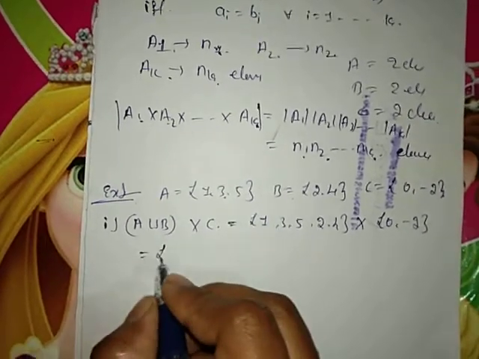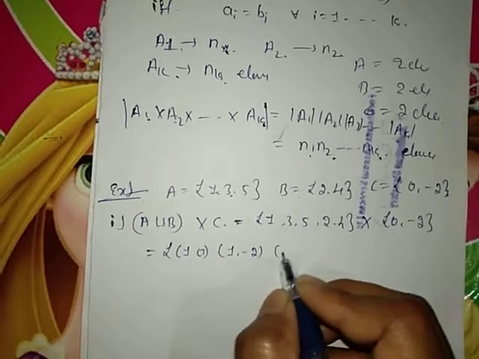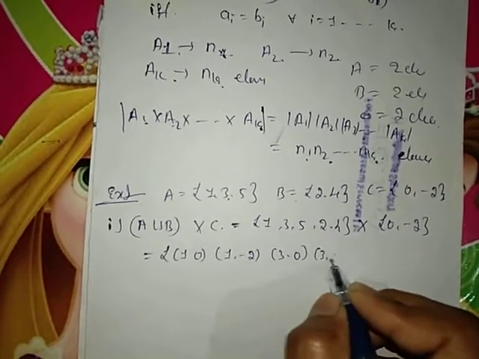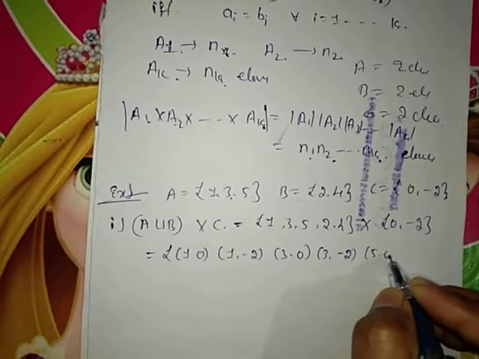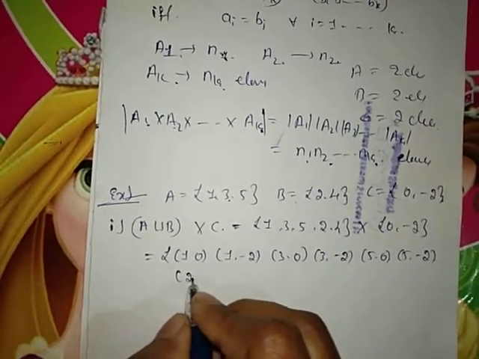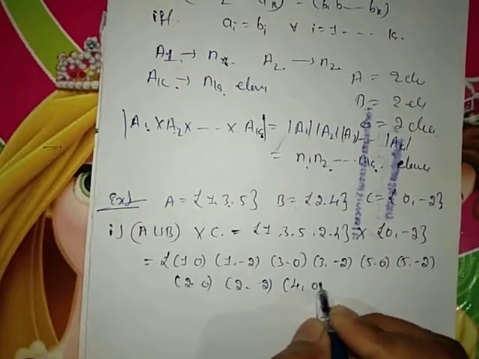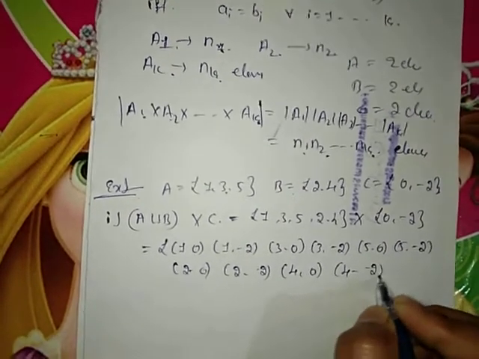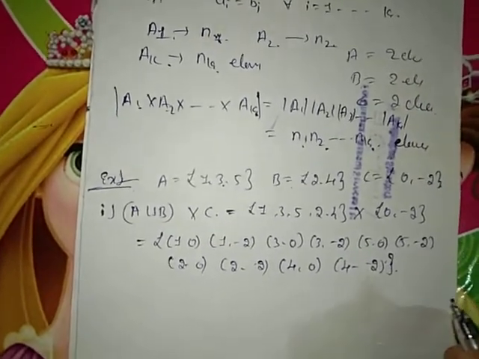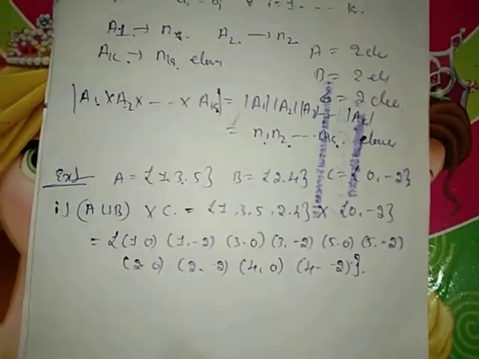Then it becomes (1, 0), (1, minus 2), (3, 0), (3, minus 2), (5, 0), (5, minus 2), (2, 0), (2, minus 2), (4, 0), (4, minus 2). That is how to find out the cross product of the sets.